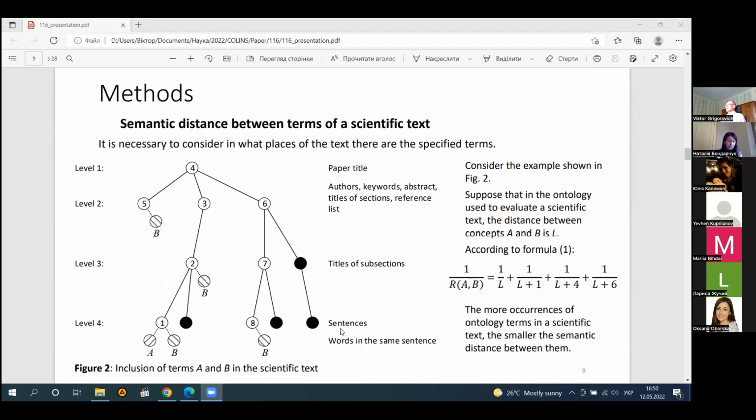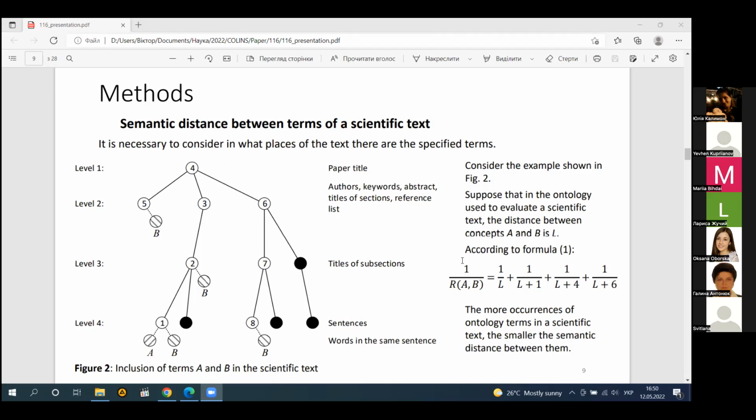Semantic distance explained on the next slide. It is necessary to consider in what places of the text the specified terms are located. Suppose that any terms are in the paper title, any in, for example, the table of contents or abstract, any in titles of subsections, any in the same sentences.